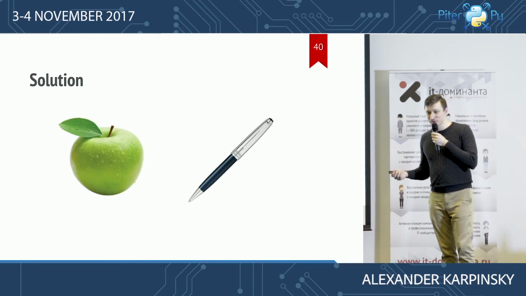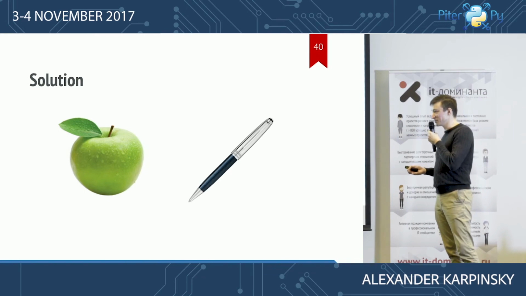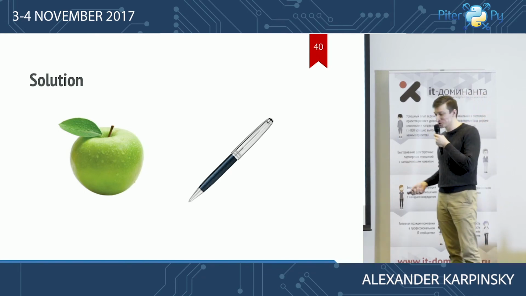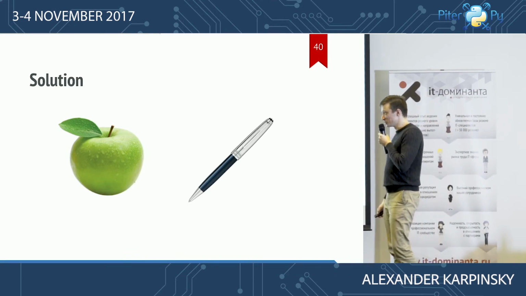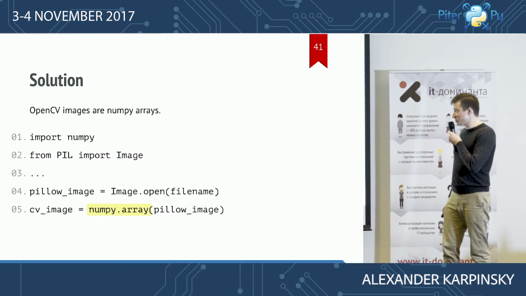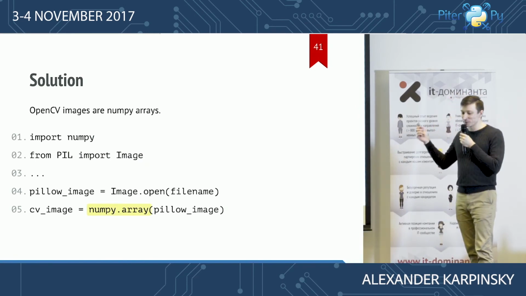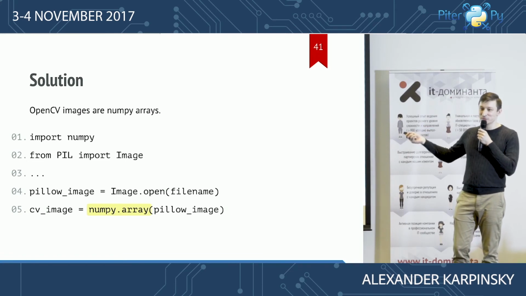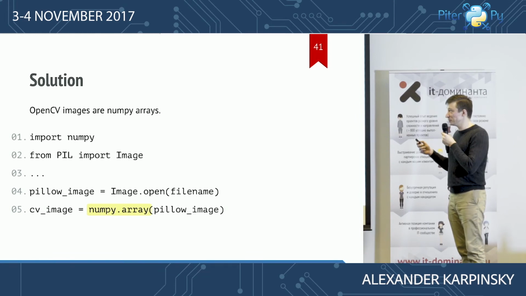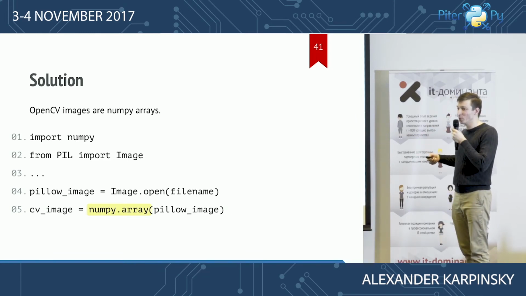But what should be done if the application is working with user content, but on the other hand you need all the power of OpenCV to recognize the image? In this case, you should combine the libraries. Pillow has an opportunity to export the images to a NumPy array, and it hasn't got its own format.